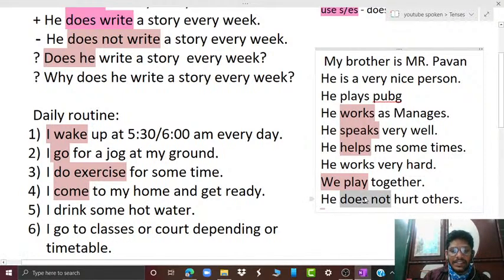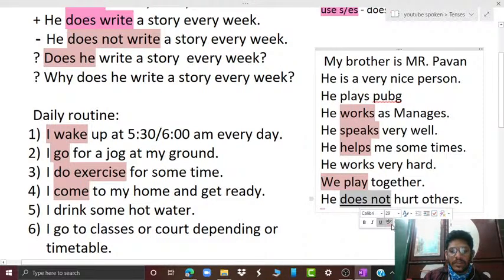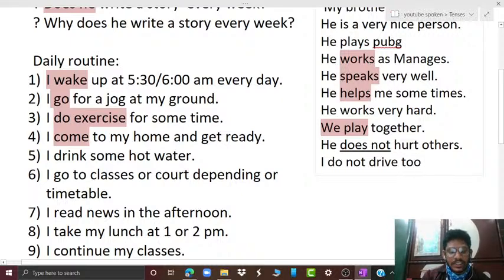Suppose if I write I, I may not use the same word. Suppose I want to write a negative sentence with I: I do not drive too fast.